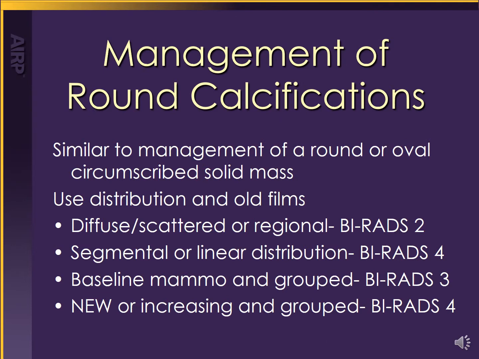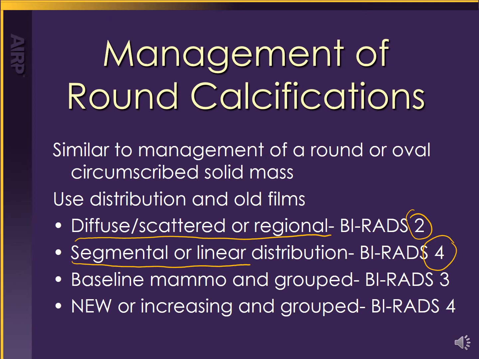So how do we manage round calcifications? Think of this again as like a round or oval circumscribed solid mass on a mammogram. You're going to use distribution and prior studies. If the calcifications have a benign distribution, you're going to give that a BI-RADS 2. If it has a scary distribution, segmental or linear, you've got to biopsy those.